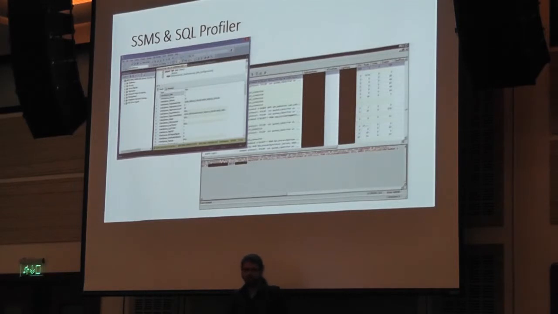The other two tools that are invaluable, obviously you'll be familiar with Management Studio. You may not be so familiar with SQL Profiler, which is accessible via Management Studio. Again, it's quite an unfriendly tool, but it is a very valuable tool for diagnosing performance problems in SQL Server. It's actually been deprecated.